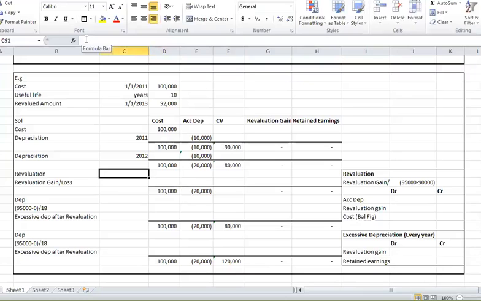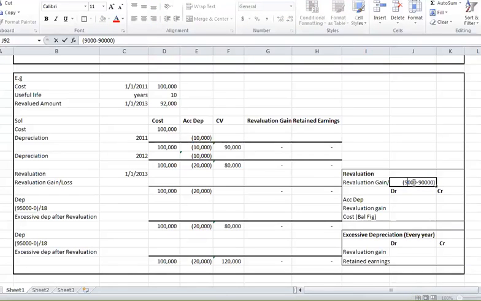At this date, we are going to revalue the asset. On 1st Jan 2013, after 2 years, we are going to revalue the asset. At this date, its carrying value is 80,000, while the revalued amount is 92,000. So first of all, we will calculate the revaluation gain or loss.